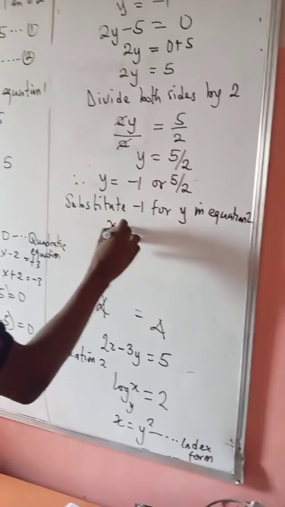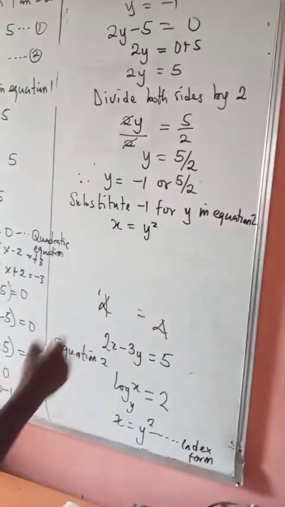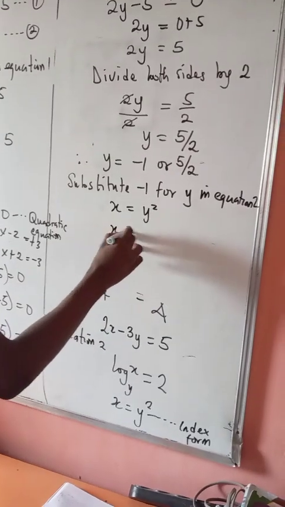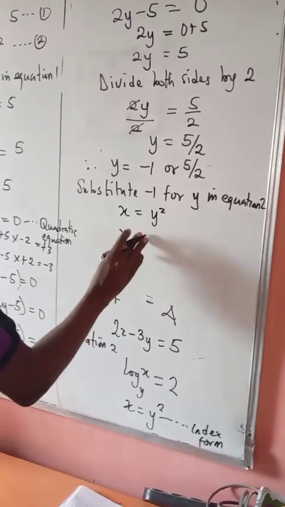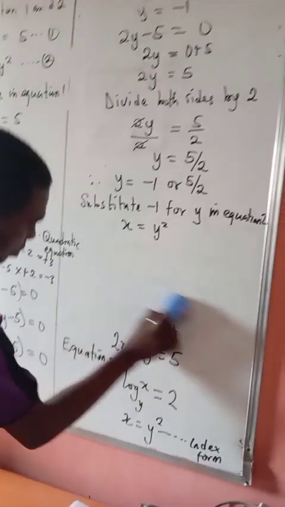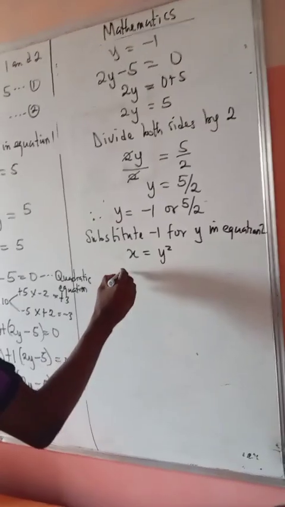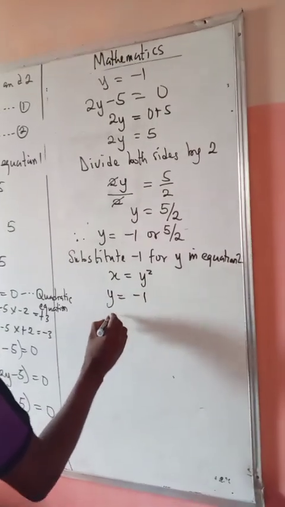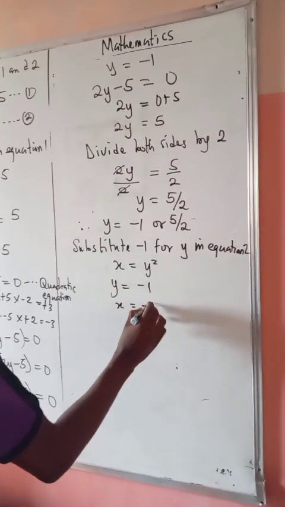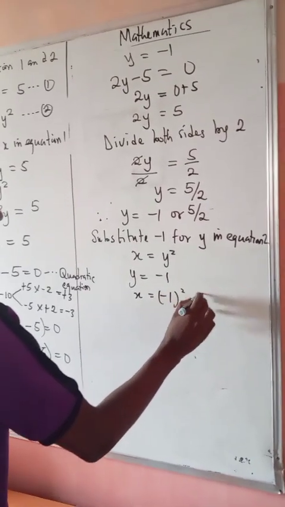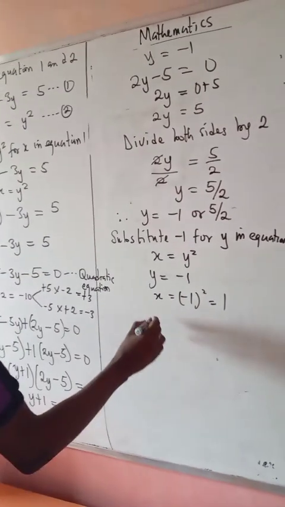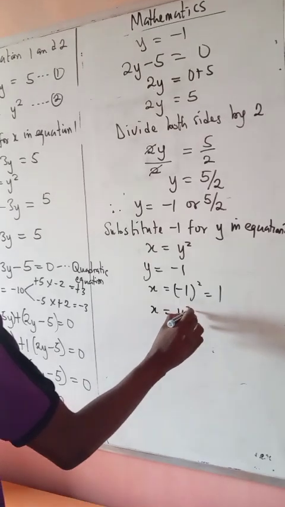So what's equation 2? x is equal to y squared. So therefore, when y is equal to negative 1, x is equal to negative 1 squared, and that's 1. Then x is equal to y squared.